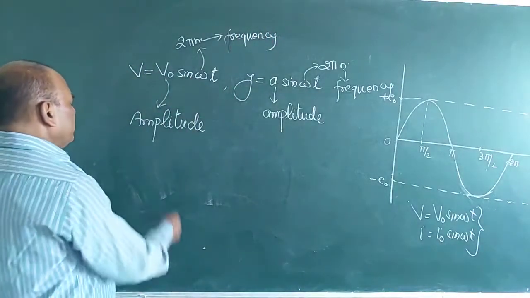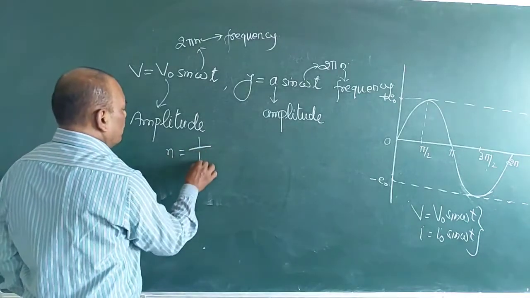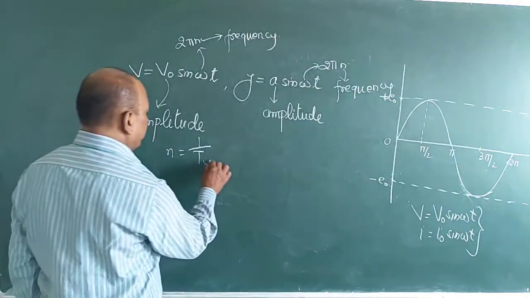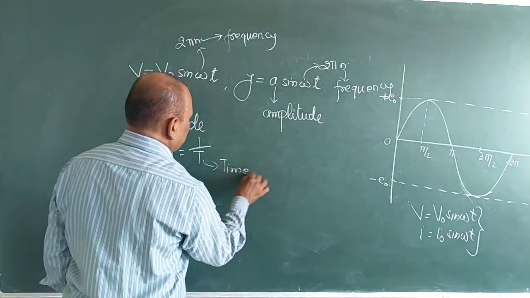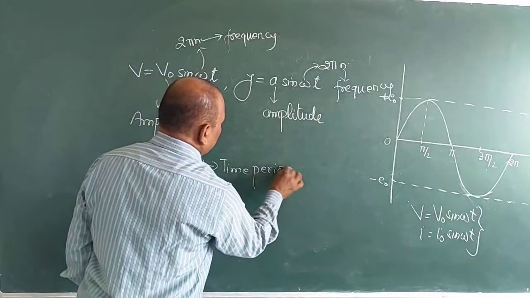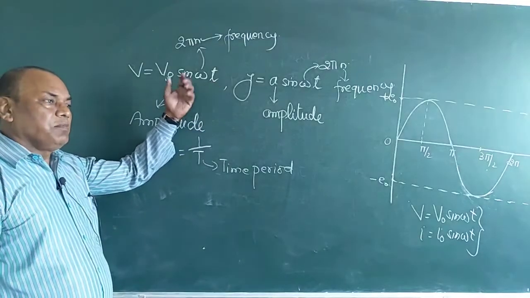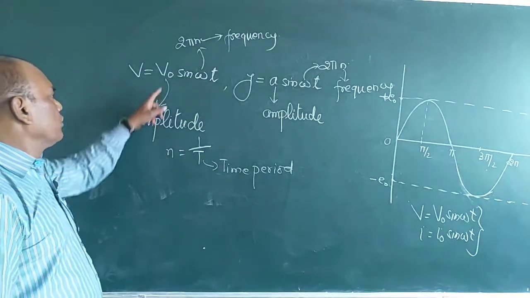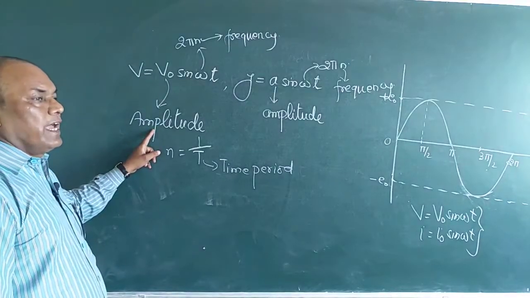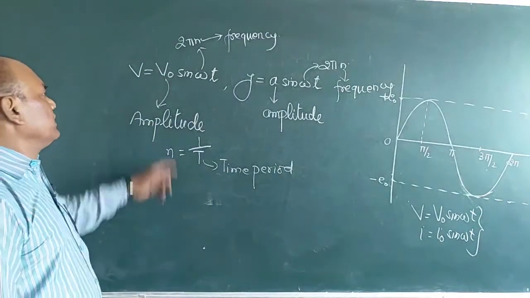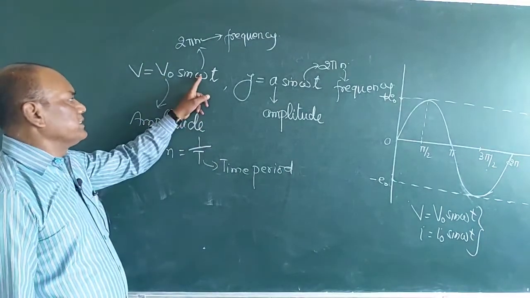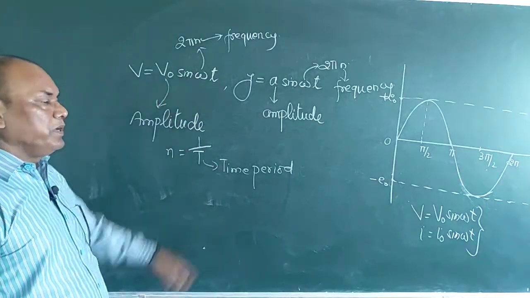And here we know that n is equal to 1 by T, where T is called the time period, and t is any particular time. So this is amplitude and this is omega, that is angular speed.